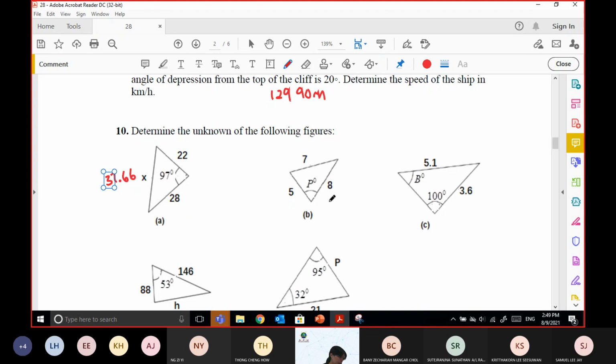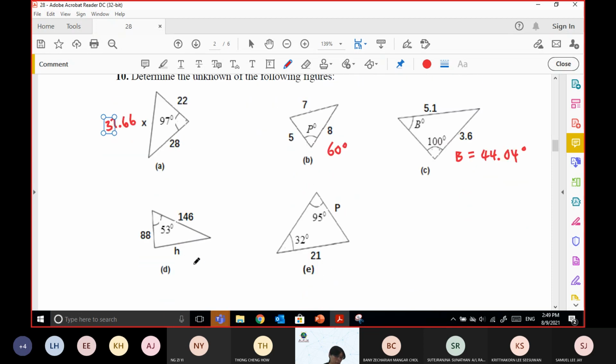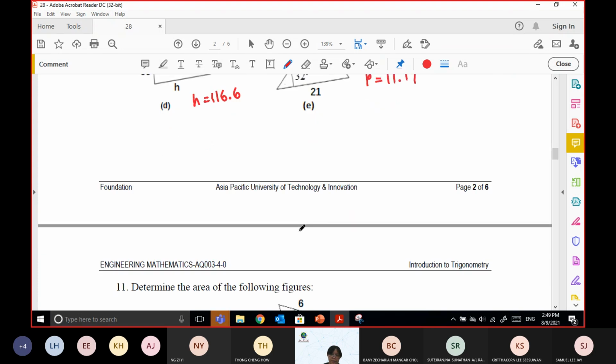The p is actually 60. The b is actually 44.04. The h is 116.6. And the p is 11.17. Okay, get the answer right?